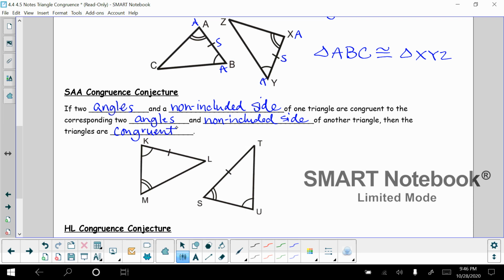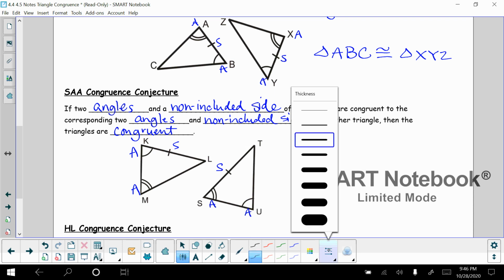Okay, so look at this pattern over here. Look, angle, angle, side. Same thing over here, angle, angle, and side. Okay, angle, angle, side. So these two angles are congruent here. Actually, this is not a good picture now that I think about it. Okay, let's go ahead and fix this.